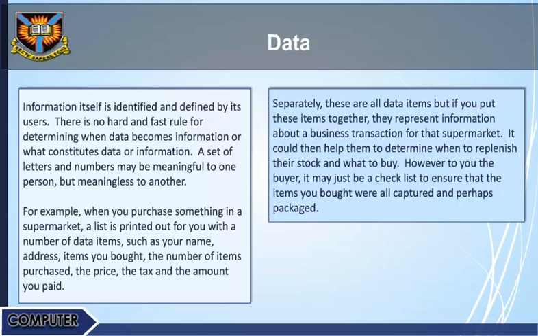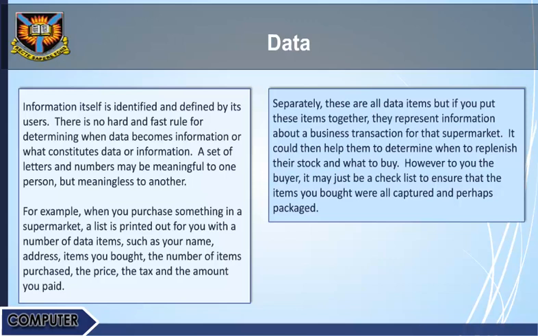For example, when you purchase something in a supermarket, a list is printed out for you with a number of data items, such as your name, address, items you bought, the number of items purchased, the price, the tax, and the amount you paid.